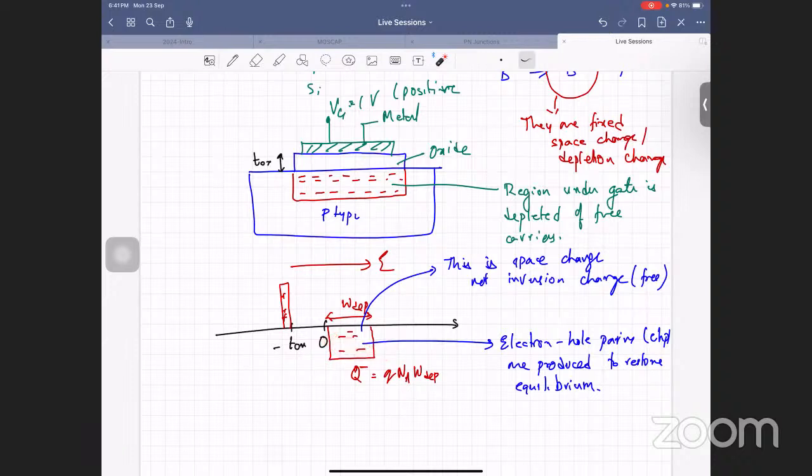Holes will go away from the interface, and electrons which are produced by generation will come near the interface, and they form an inversion charge at the interface. This is my electrons.